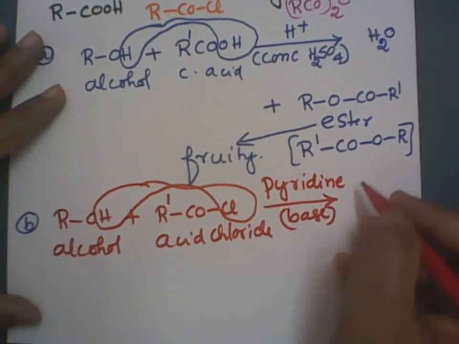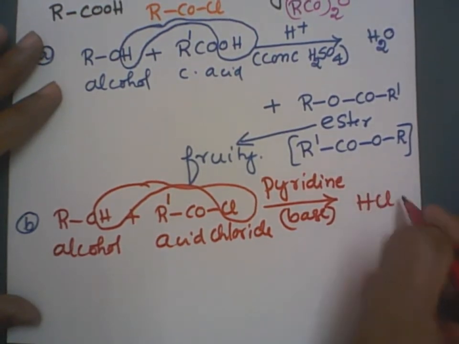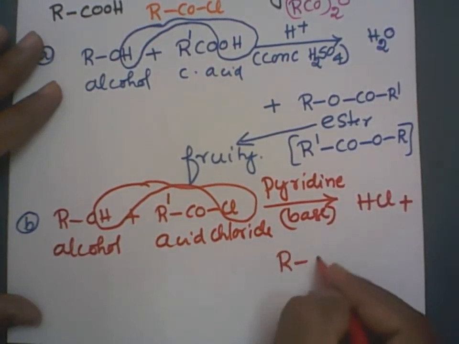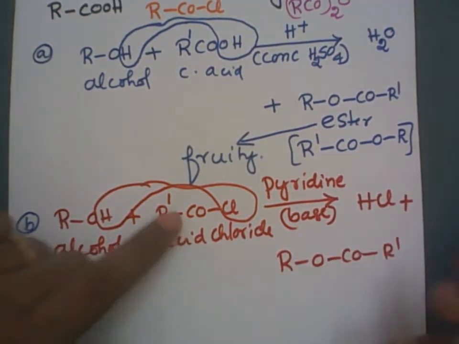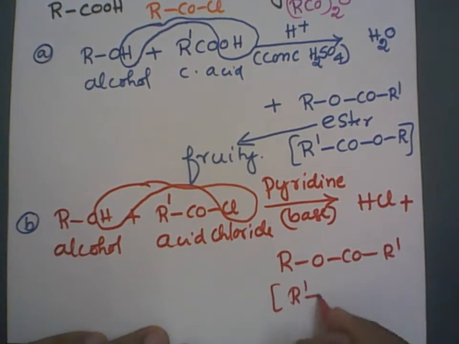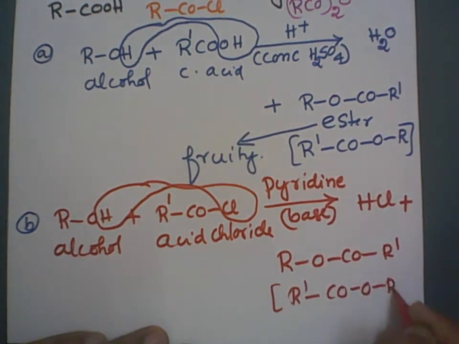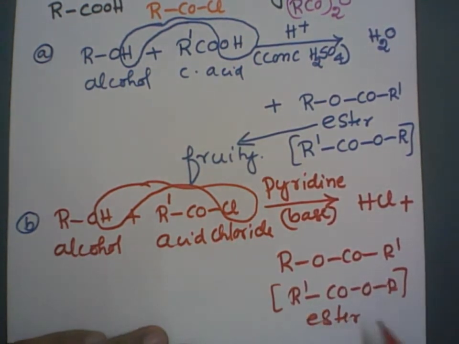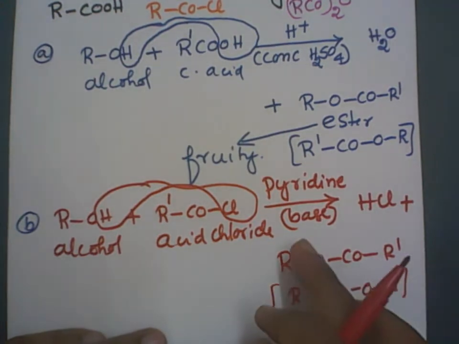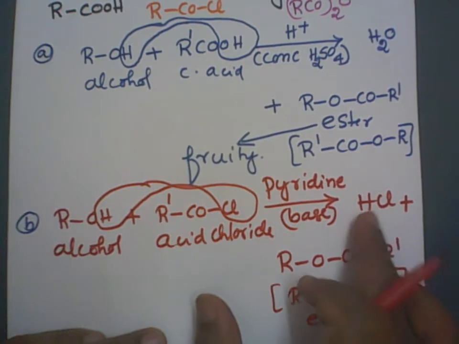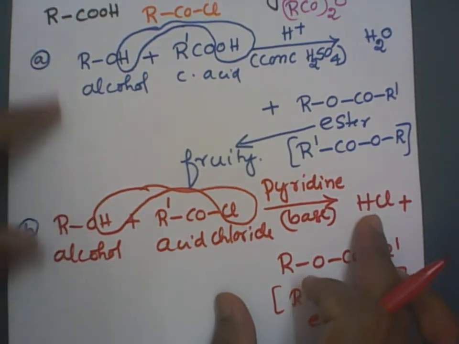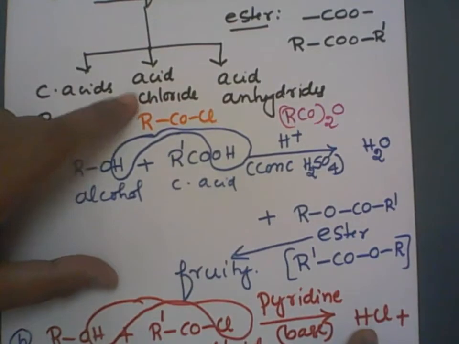So side product is now HCl, plus we get RO, then attach the CO group, and then R dash, or you can write it as R dash COOR, which is the ester. Now, pyridine neutralizes the hydrochloric acid to give the salt, right? This is with respect to the acid chloride.